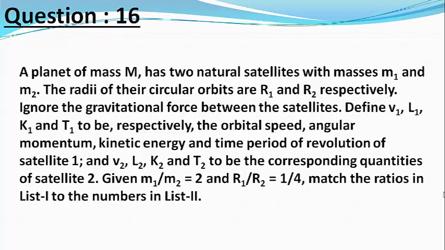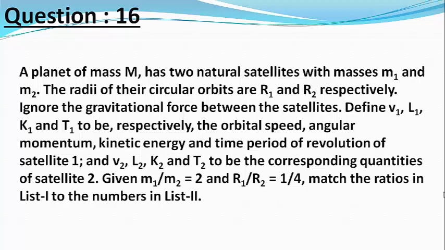Define V1, L1, K1 and T1 to be respectively the orbital speed, angular momentum, kinetic energy and time period of revolution of satellite 1, and V2, L2, K2 and T2 to be the corresponding quantities for satellite 2.